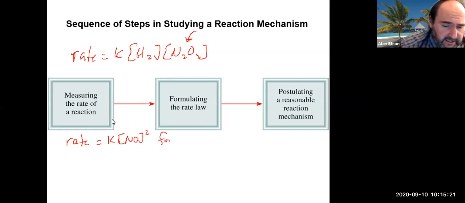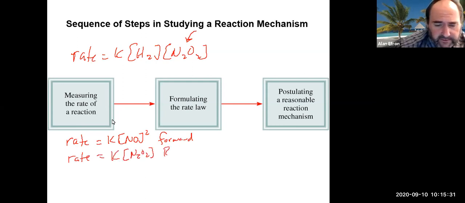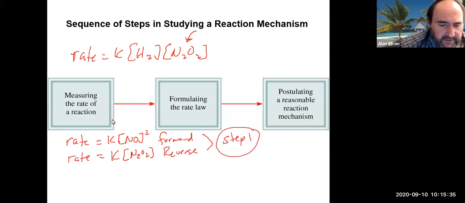And for the reverse direction, we had that the rate was equal to K times N2O2. So both of these came from step number one in the mechanism. Those are the two rate laws that you can basically write for that first step because it's a reversible reaction. So you've got both directions happening, and you could write a rate law going both ways.